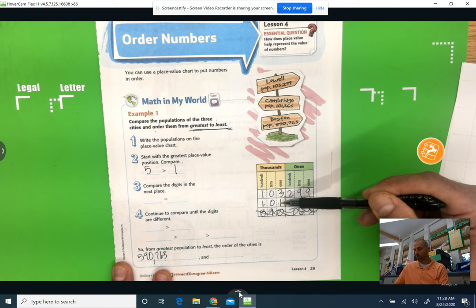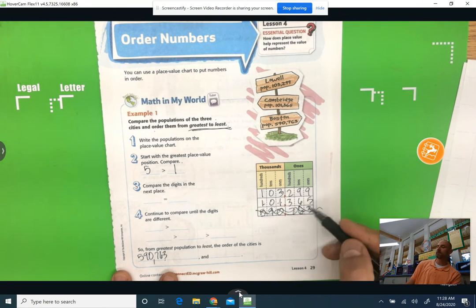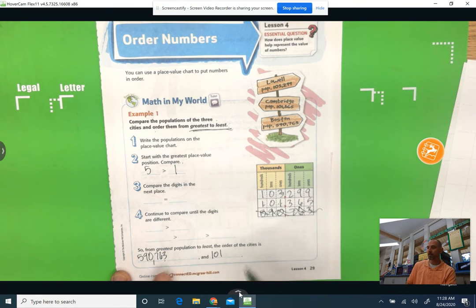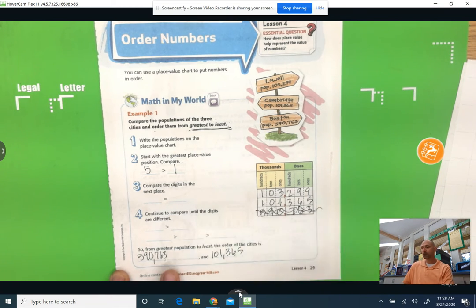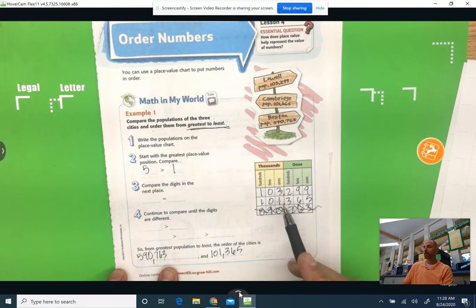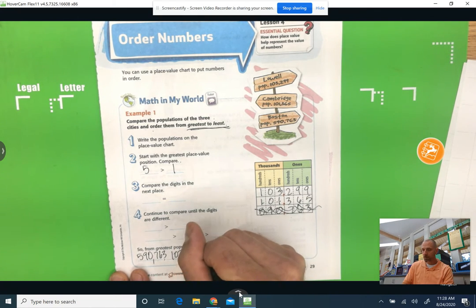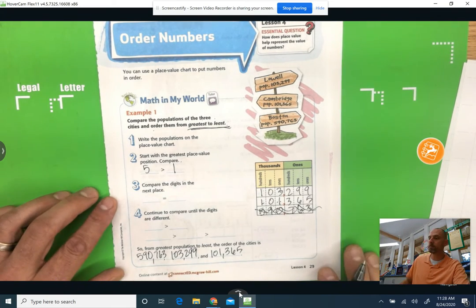And so because this 3 is greater than 1, the 101,365 is the smallest number. So now we have the biggest and the smallest. That only leaves one choice: 103,299 is the number that is in the middle.